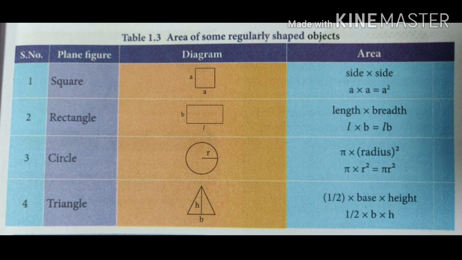Rectangle, formula length into breadth, l into b, or lb. Circle, pi into radius, the whole square, or pi r square. Next one, triangle, formula half into base into height, or half into b into h.